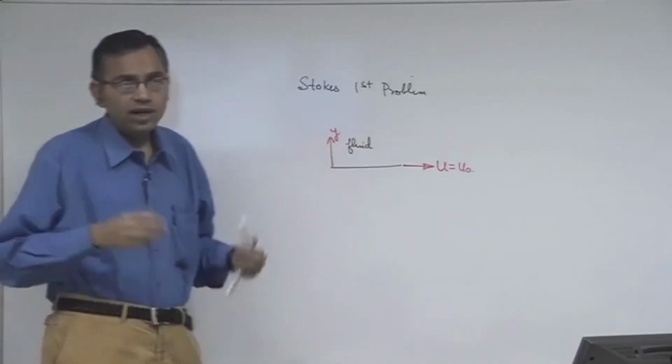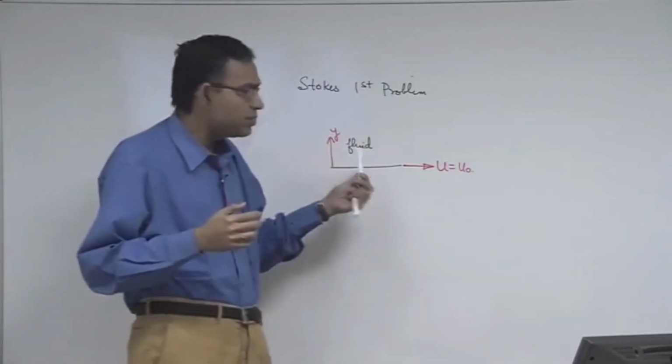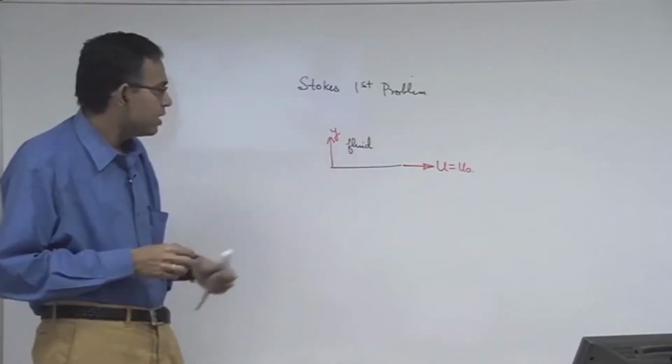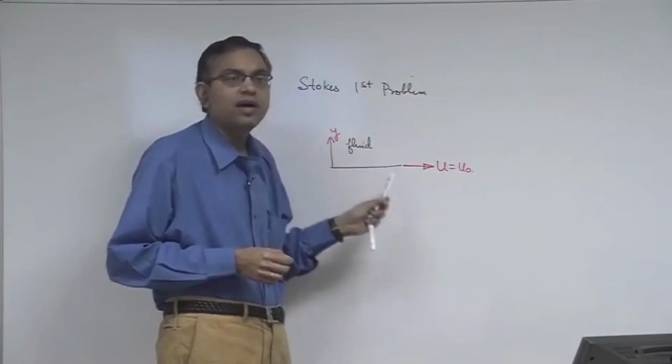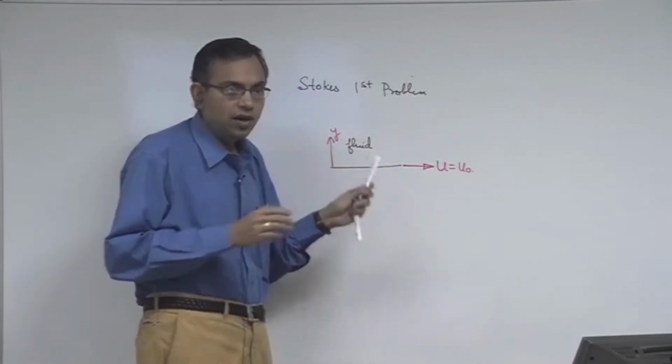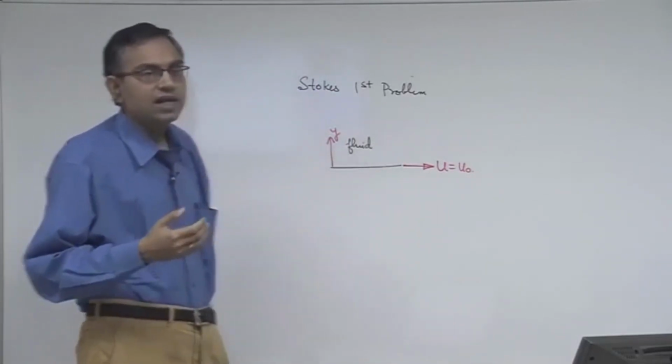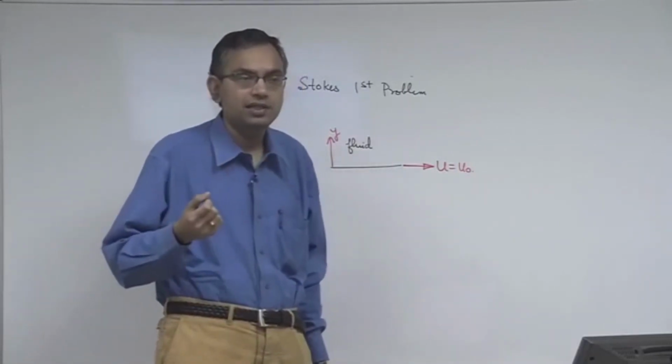Now, what is the relevance of this problem in microfluidics? See, this is not a microfluidic system, in fact this is not a confined system. In microfluidics there are several effects which come into the picture.